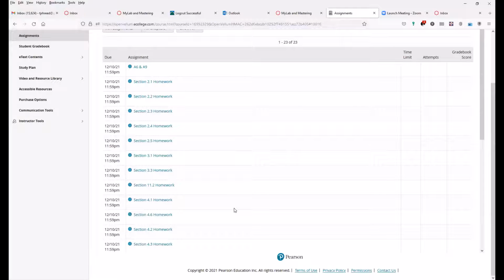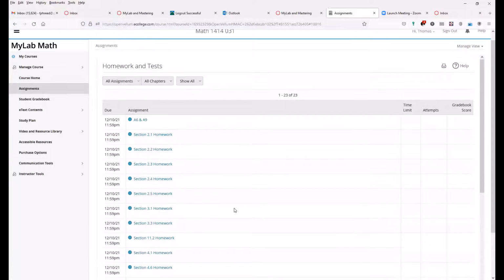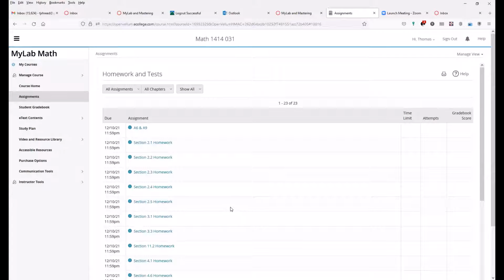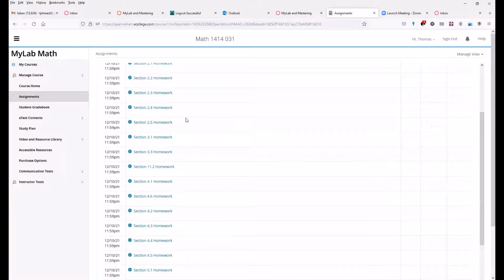I think it's an extremely important theorem to know, especially for the 1414 college algebra. And what I have here is the order in which we cover everything. Please notice the section 11.2 is covered out of order of the other sections.